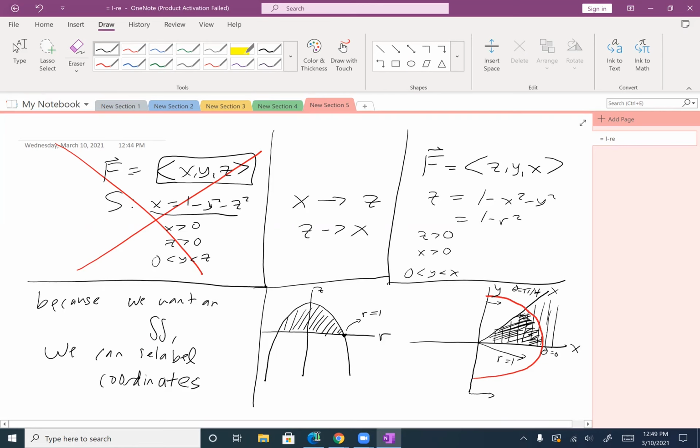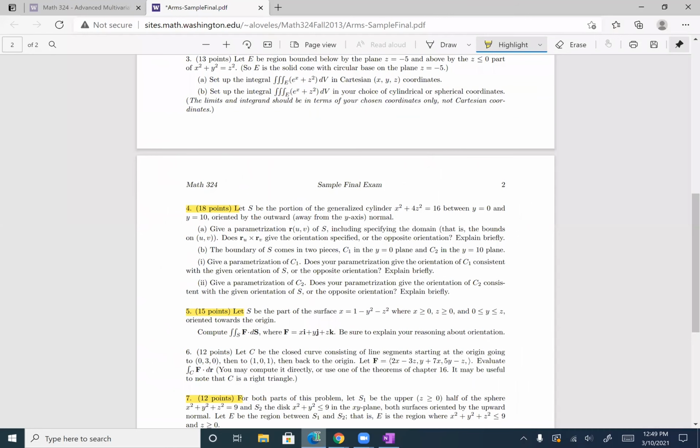So what are we asked to do? We want to compute the surface integral over this surface, and the surface will be defined over this coordinate region here.